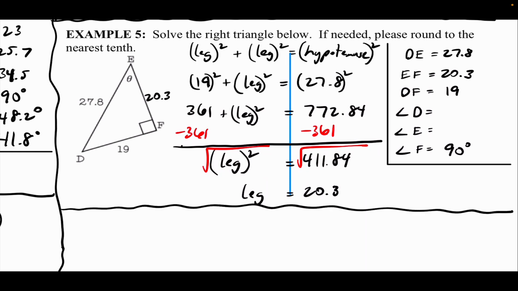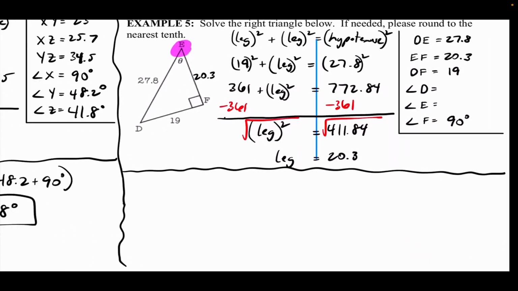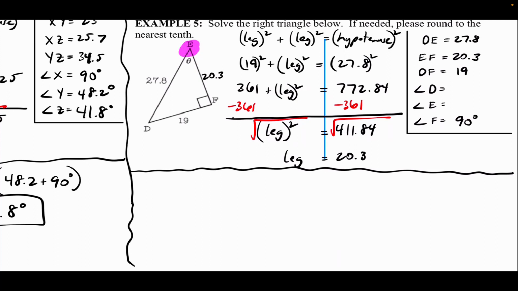Now we got to find an angle. Two angles, in fact. Well, missing angles. So let's start with the guy up here, angle E. You could start with D, but since E's already up there, I'll just start with E. So which one could I use for E?